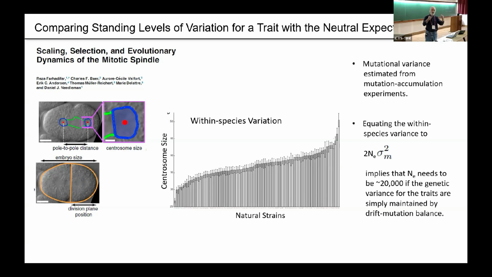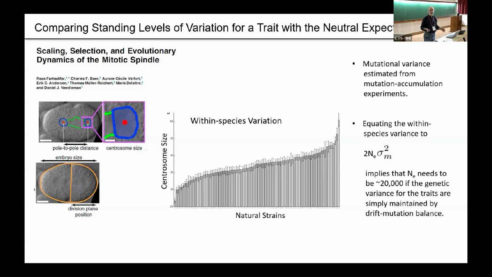They're trying to see if all of this variation could just be maintained by neutrality. If it was maintained by neutrality, then the effective population size of C. elegans would have to be only 20,000. And I think most people agree that the global effective population size of C. elegans is much bigger than 20,000.